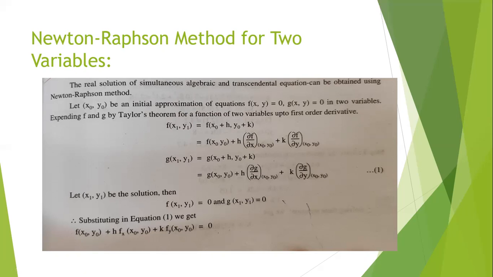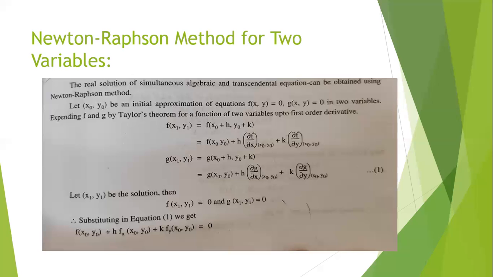But in this method, the function is defined as f of x comma y and g of x comma y, which means there are two equations given, and from those two equations we can find the values of x and y, the root that satisfies these equations. So we start this method.